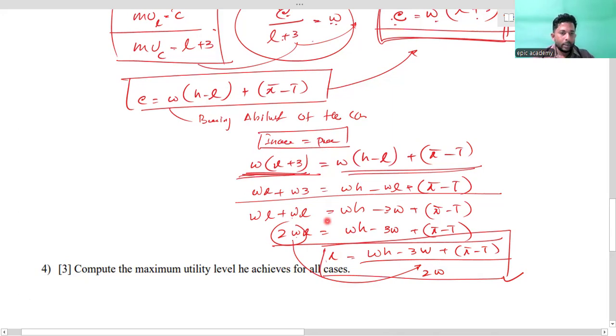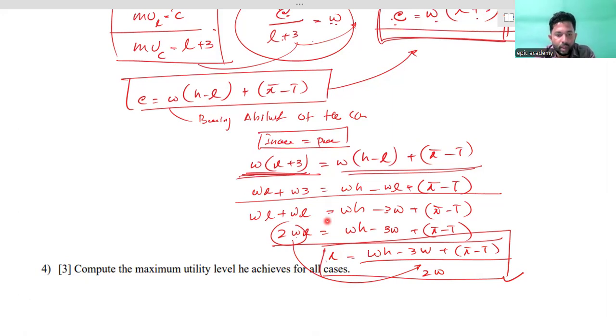Okay, this represents the maximum consumption level. You can utilize that equation to understand the level by putting the cases as values in here.